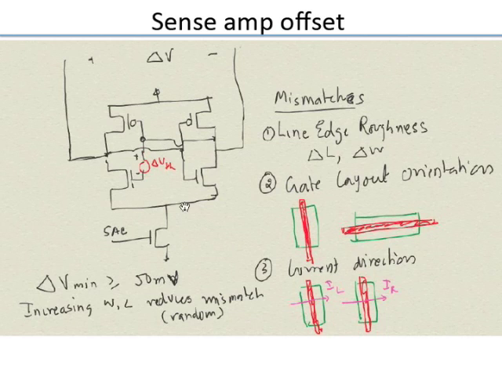The problem comes when there are some offsets due to various reasons. Even though this had a lesser voltage and you would expect this transistor to have smaller current, what actually happens is that this transistor has more current than this one, even though it has smaller gate voltage. It could be because, due to various reasons, the threshold voltages are not the same.